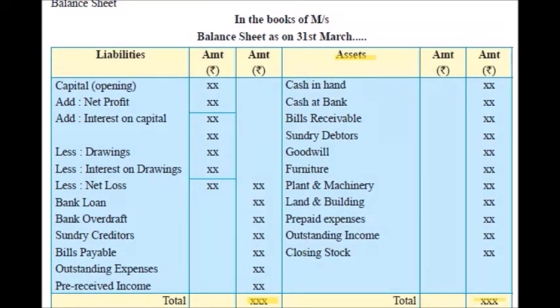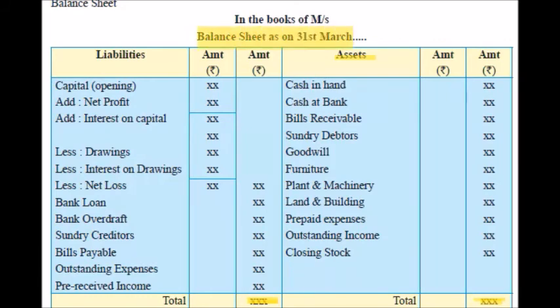In a balance sheet, we need to check only the liability side amount and the asset side amount. We need to check that both totals come equally. Then this is the format of the balance sheet.